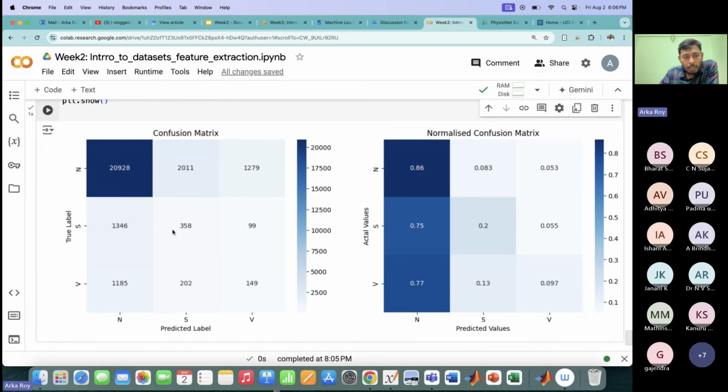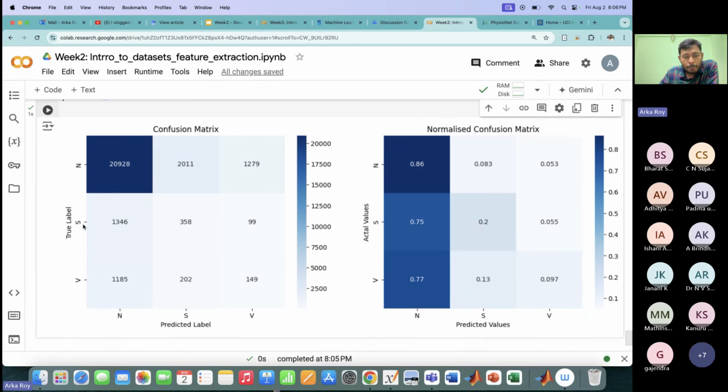But over here, in the arrhythmia cases, which are S and V, you are not able to classify well. Rather, the majority of the arrhythmia cases are classified as normal cases. So what sort of errors are these?